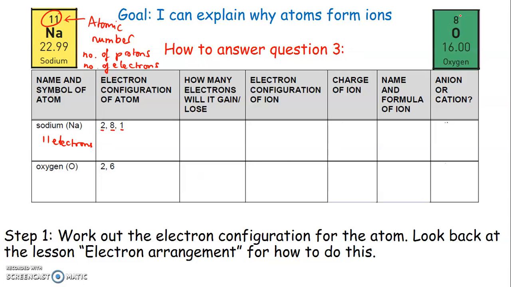We look at the atomic number, which is 8, and that tells us that, hey, there are 8 electrons. Okay. And these 8 electrons are arranged in the first shell, there's 2 electrons, and then the second shell, there are 6 electrons, okay, which makes up 8 electrons.